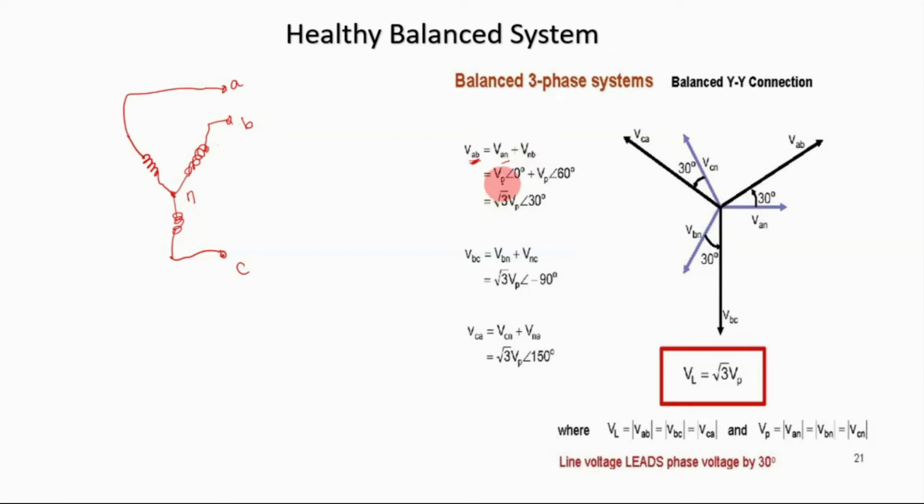We have the value for VAN, which is VP, the peak voltage, cis of 0, plus VP cis of 60 degrees. You have to know where this came from. Actually, your VNB, which is the VMAX or VP value, is actually negative of VP angle, or cis of negative 120 degrees.